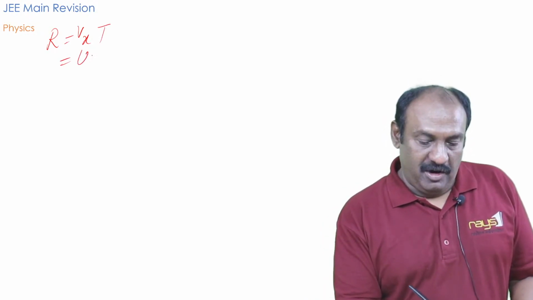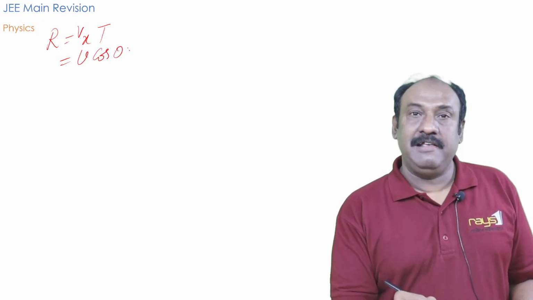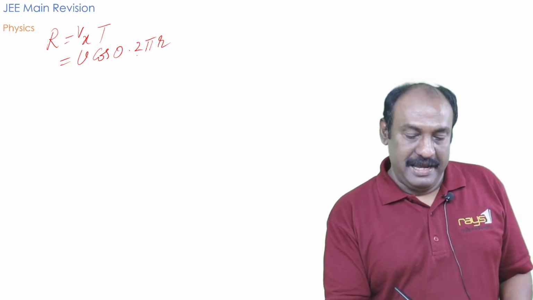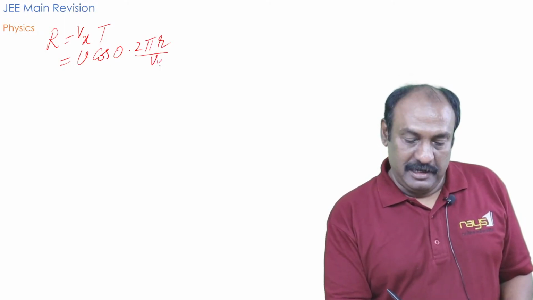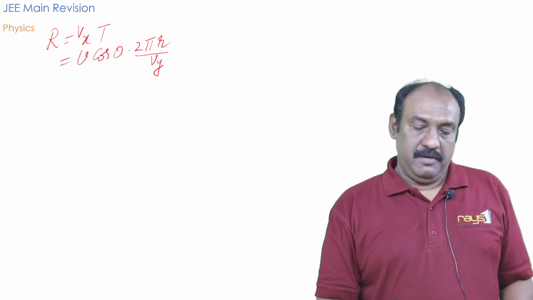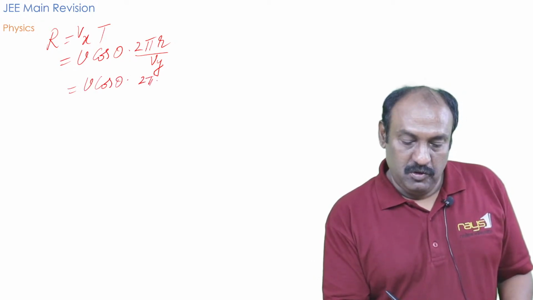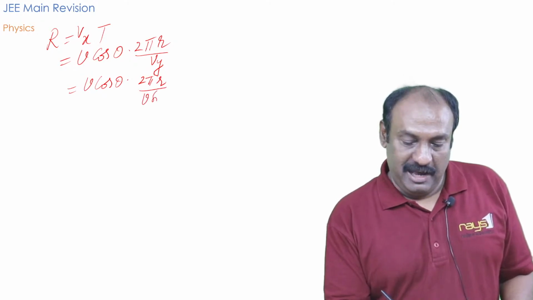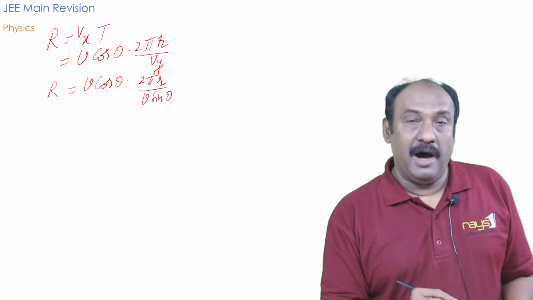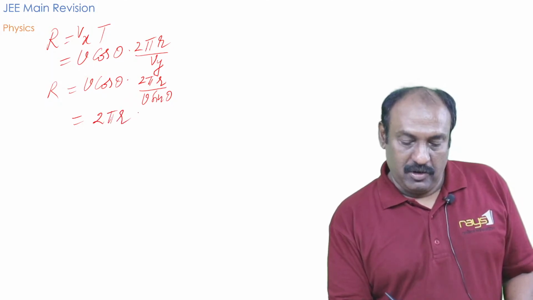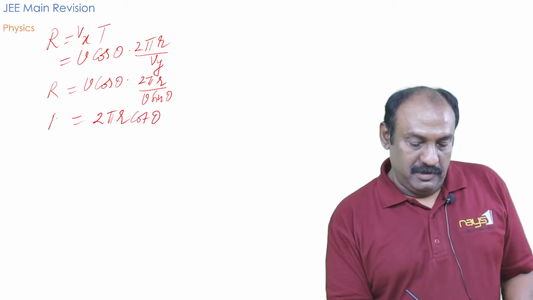Therefore, v cos theta into t, where t is 2 pi r by the vertical component vy. So it is v cos theta into 2 pi r by v sin theta. Therefore v gets cancelled, and we get 2 pi r cot theta.